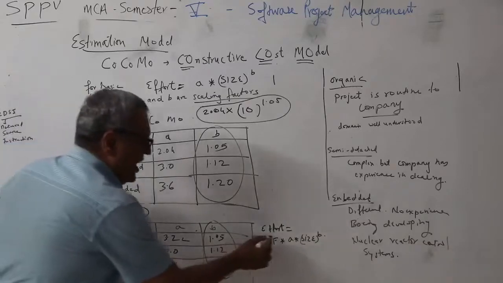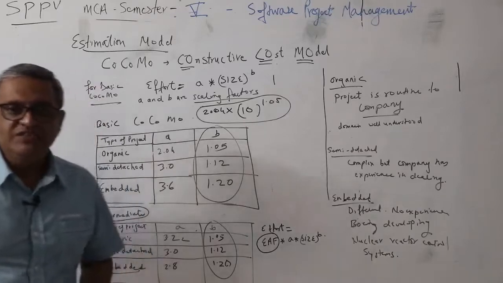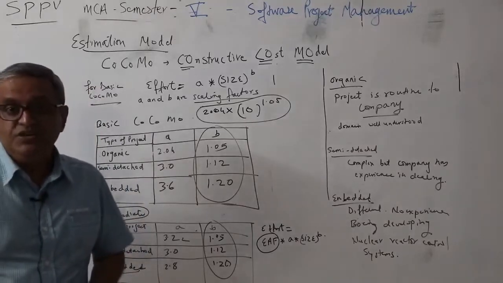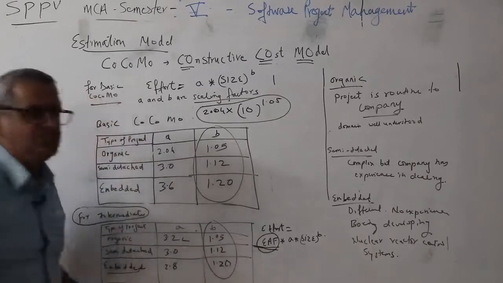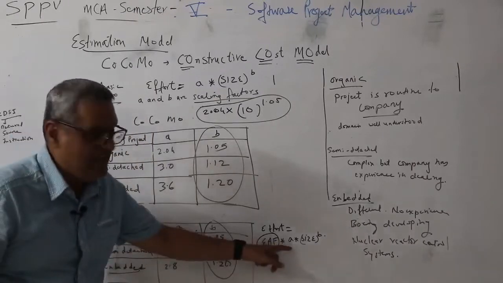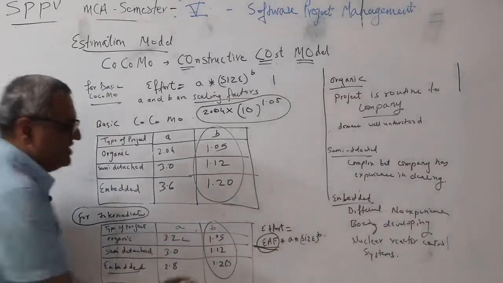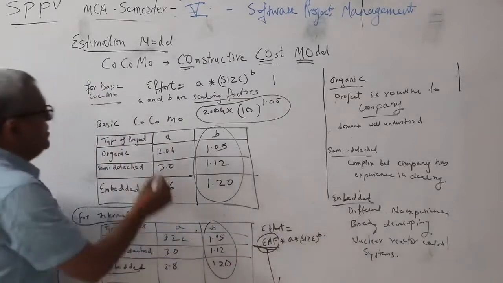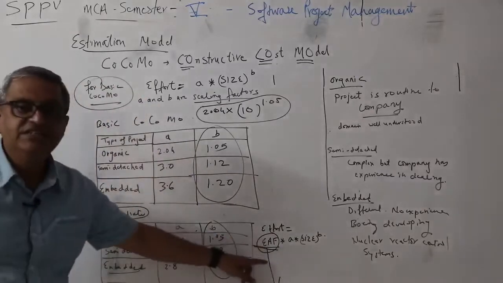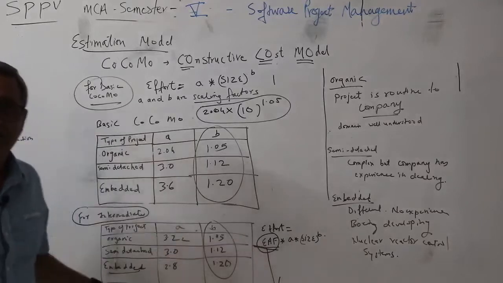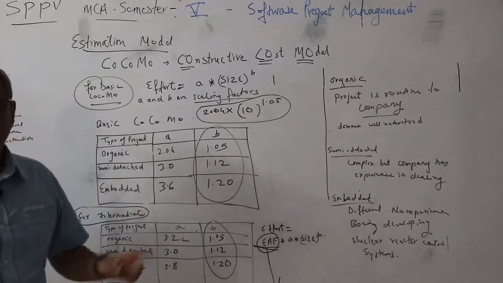You add an EAF here, which is basically an effort adjustment factor. You multiply the effort adjustment factor with A, and then size raised to B. This effort adjustment factor was not there for basic COCOMO. Effort adjustment factor gets introduced for the intermediate COCOMO model.